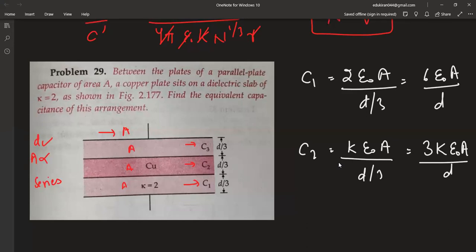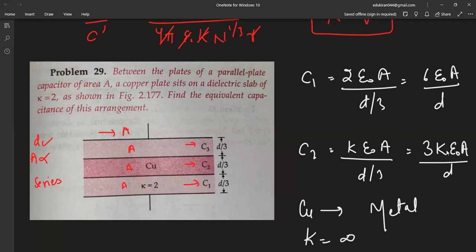One more thing, class. K will be infinite, no? Copper is a metal, so K will be infinite.